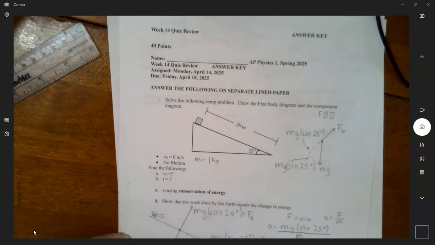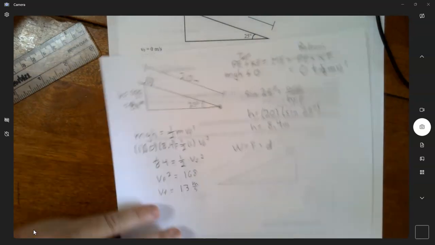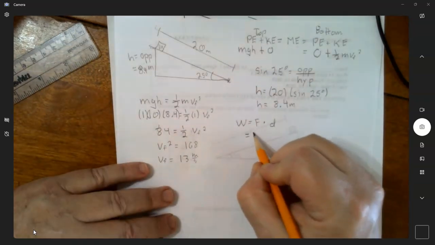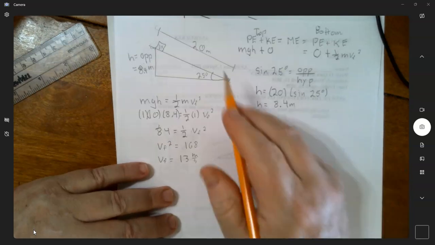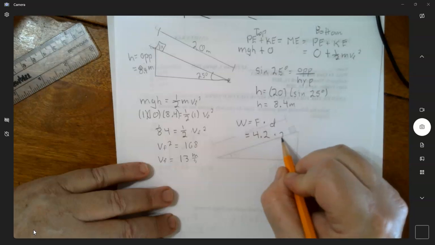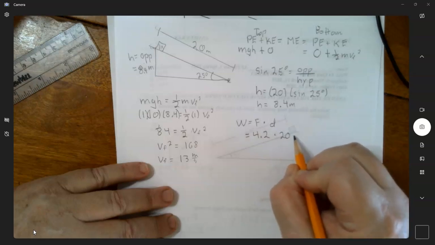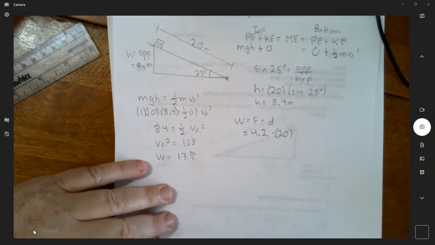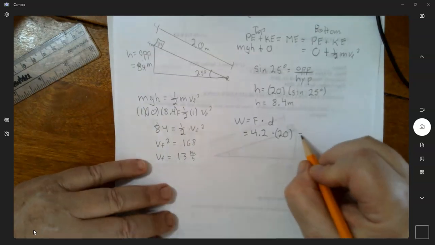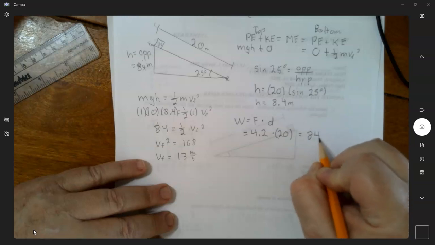That's 0.42 times 10 times 1. So we come over here. 4.2 times 20 meters is the distance. And that is going to give us 84 joules.